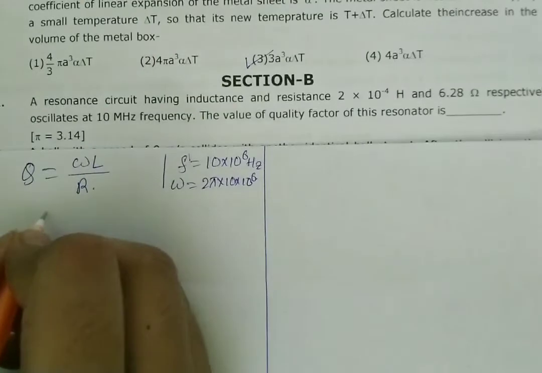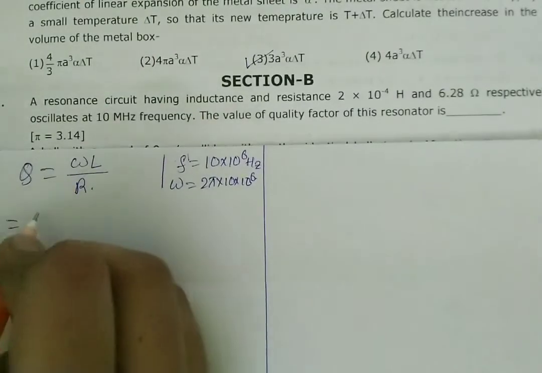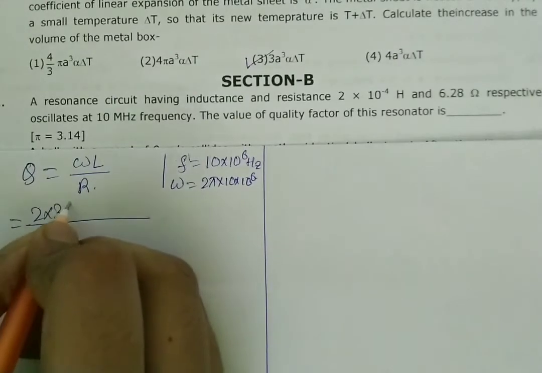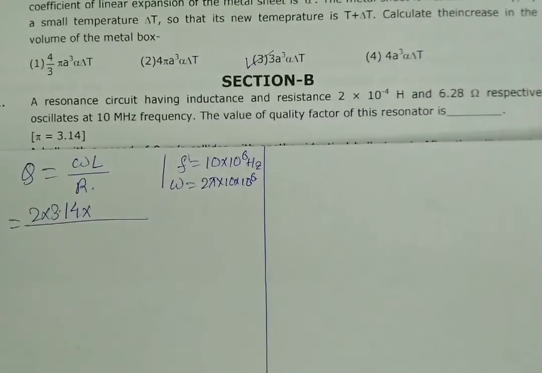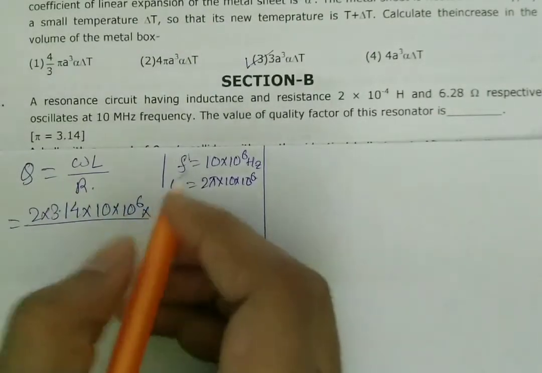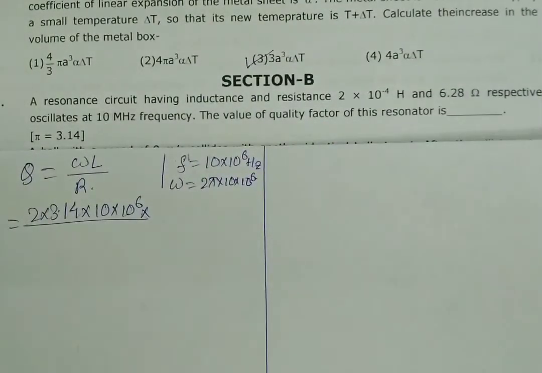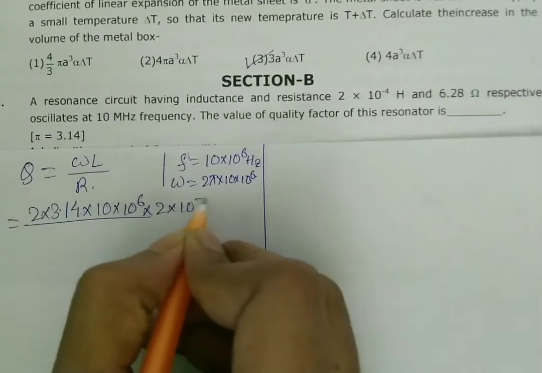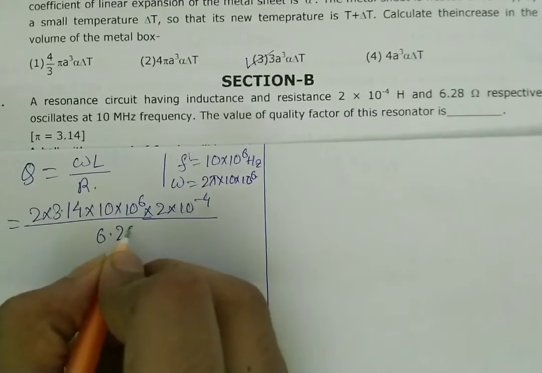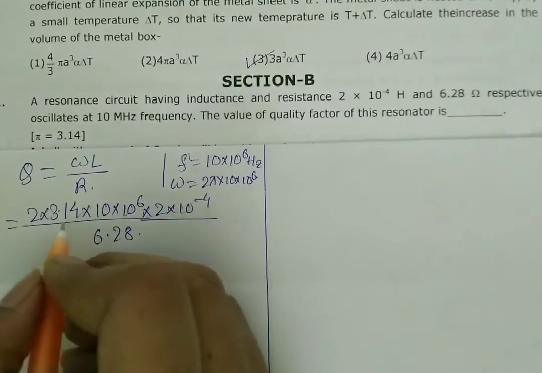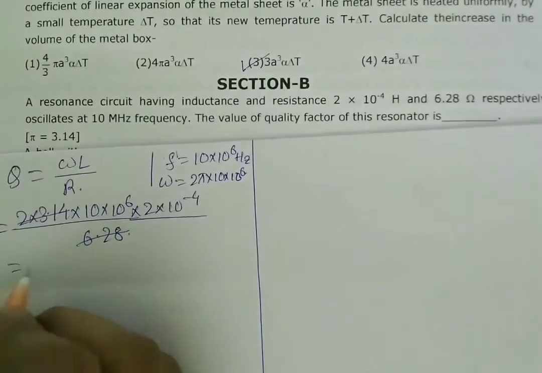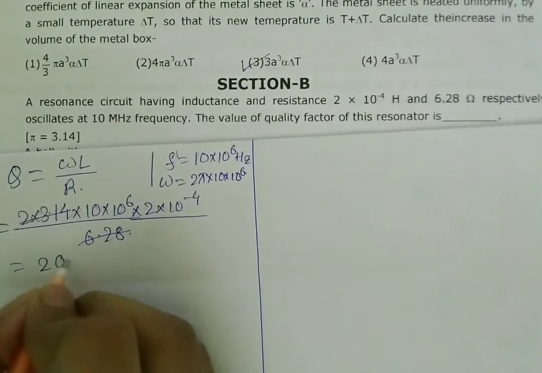From this we can directly say that Q will be equal to 2 into 3.14 into 10 into 10 to the power 6 into inductance. Inductance is given as 2 into 10 to the power minus 4, divided by resistance, which is given as 6.28. We can see that this cancels out, and the remaining answer will be 2000.